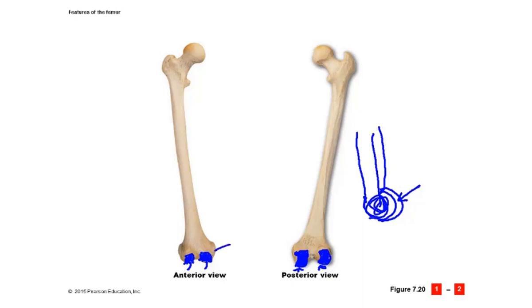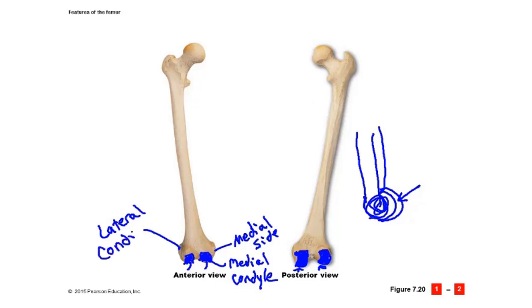Now, of course, this is the medial side of the femur, so this would be called the medial condyle. This is the lateral side, and it's called the lateral condyle.